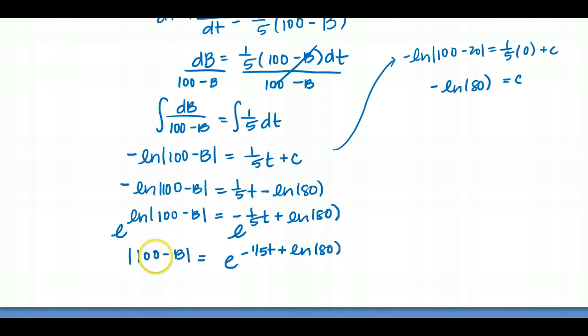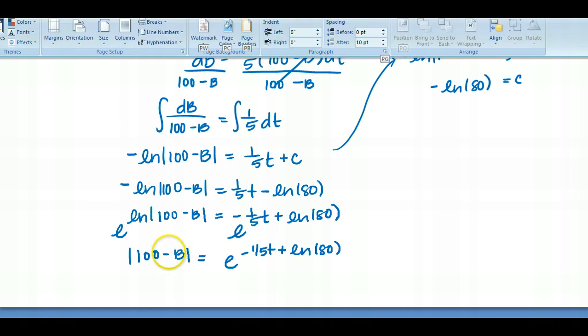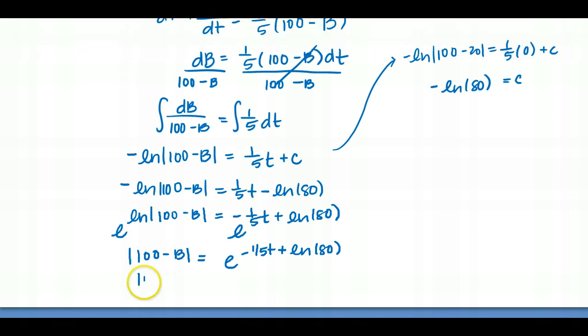And then similarly with the absolute value problem, I need to make a decision on which to use. Because I'm concerned with plugging in 0, if I plug in 0 for b, I'm going to get positive 100. So there's nothing wrong with just removing the absolute value bars. So this would be 100 minus b equals e to the negative 1/5 t, be careful with the t, plus natural log of 80.